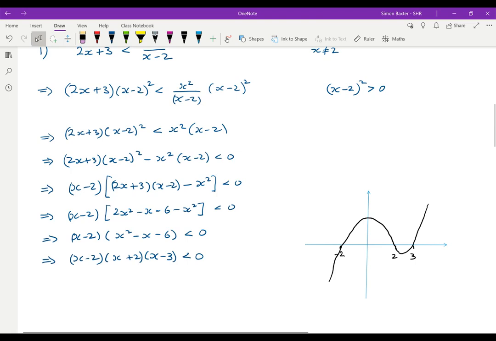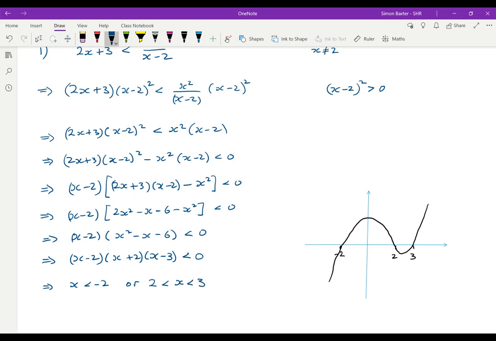And we now want to write down when is this function less than 0? When is the graph below the x-axis? Well, this is going to be when x is less than -2, or, and I do like to see some connection between everything, when x is between 2 and 3.